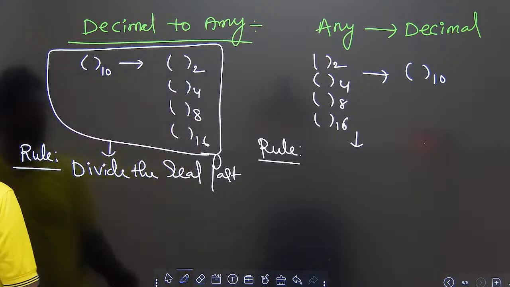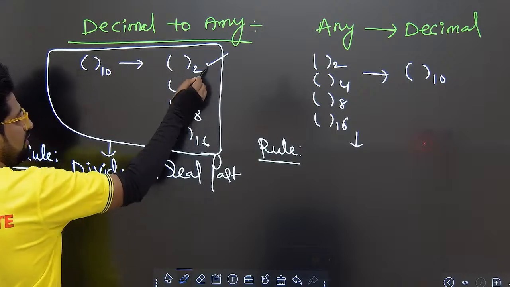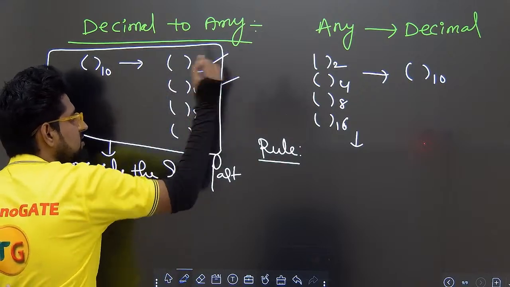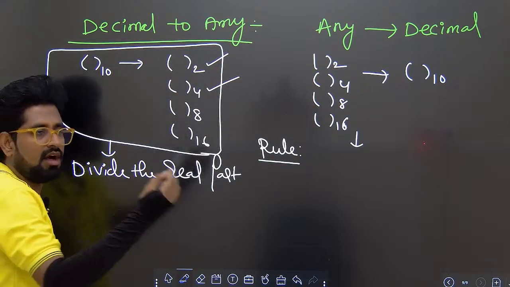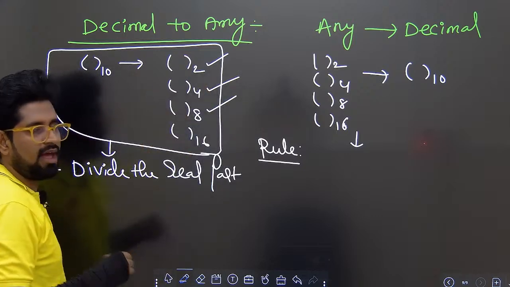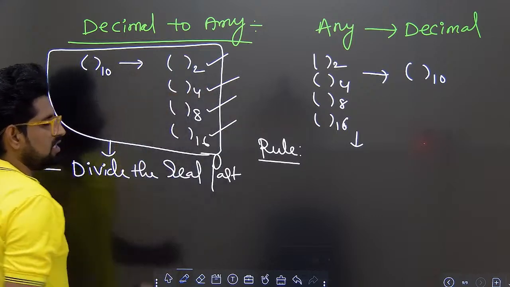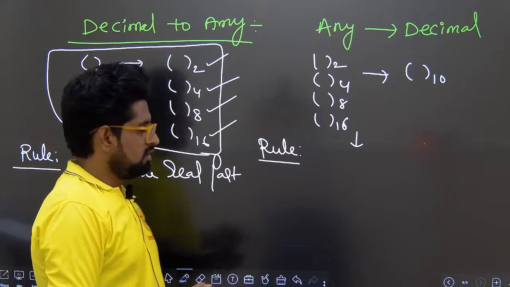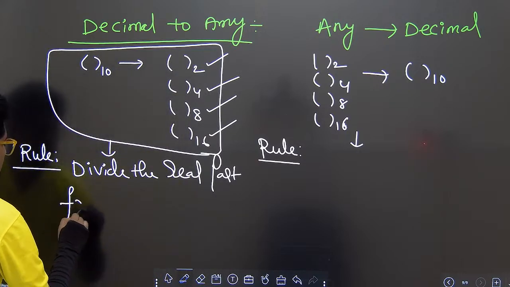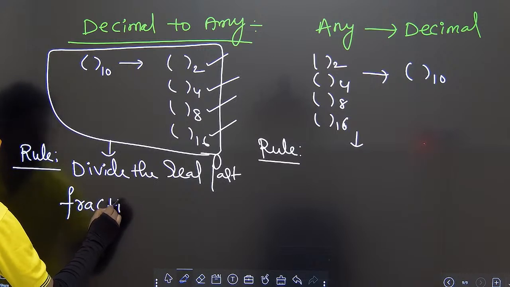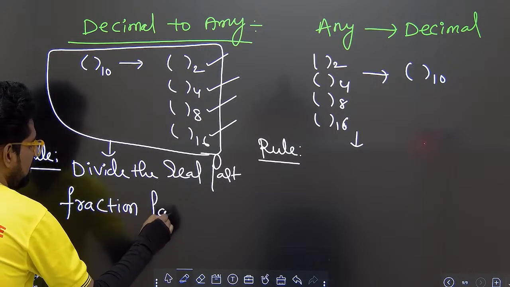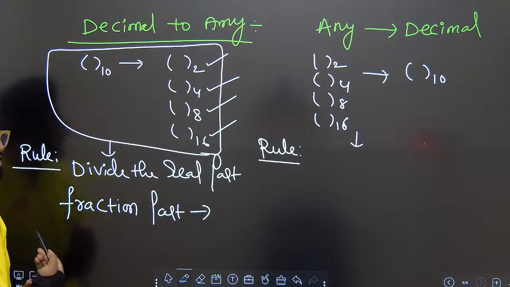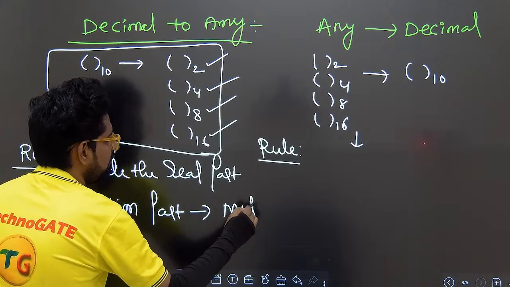So what is the radix? If it is 2, do with 2. If it is 4, do with 4. If it is 8, do with 8. If it is 16, do with 16. So other than decimal. So what is the real part and what is the fraction part? I am going to tell you. For the fraction part, you should multiply with the radix.